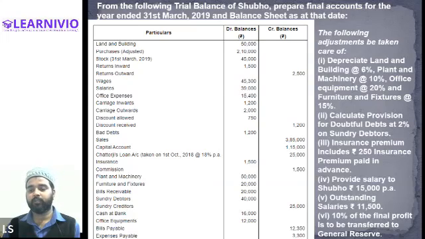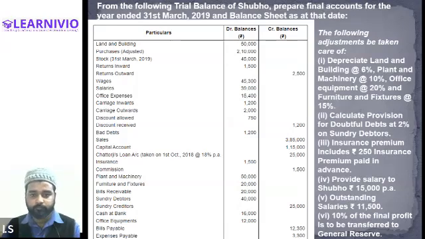Then we will start posting the items in the relevant accounts one by one. Done with the format, everyone?